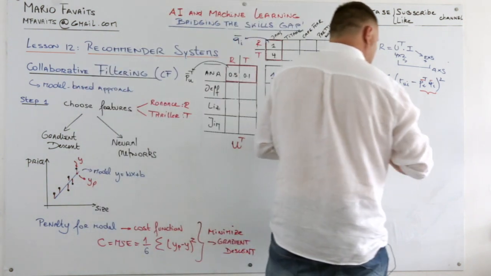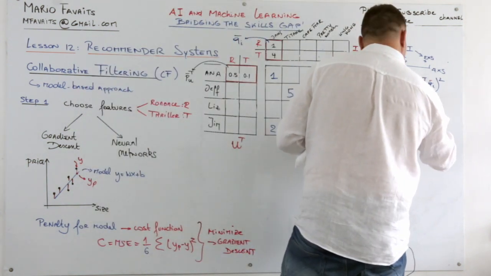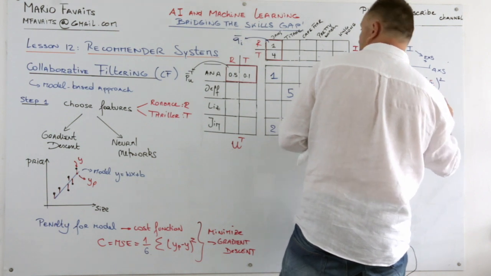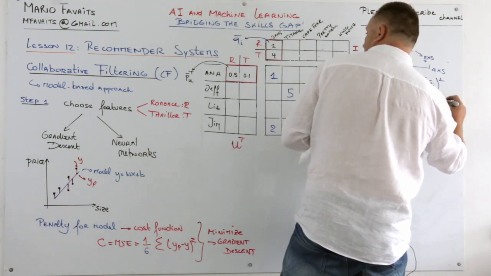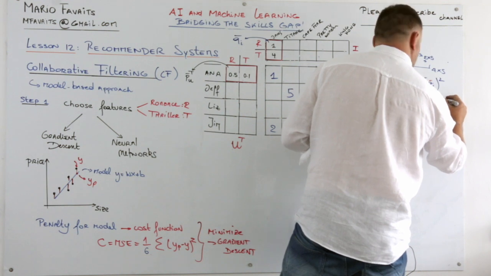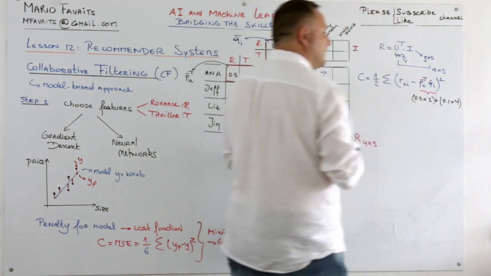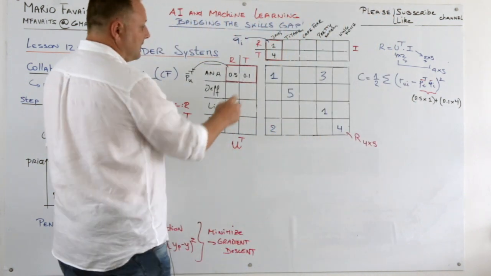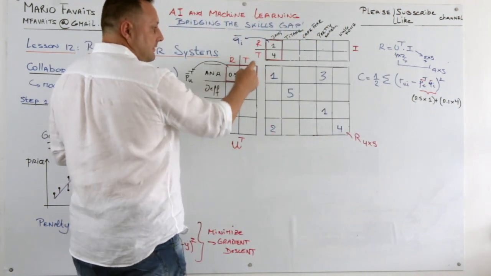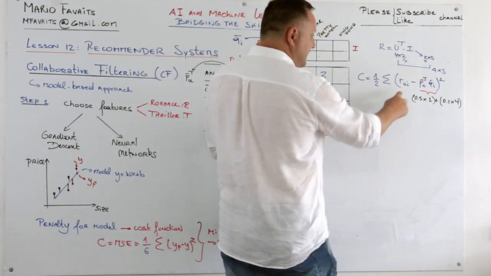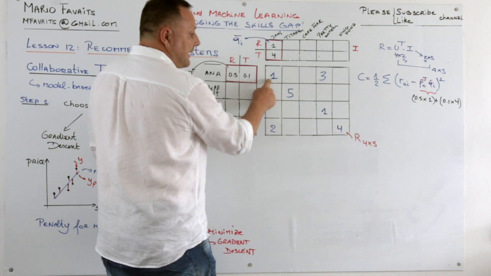Yeah? So we do 0.5 times 1 plus 0.1 times 4. And that is the dot product of these two vectors here. And this I compare with RUI, and RUI is this number.